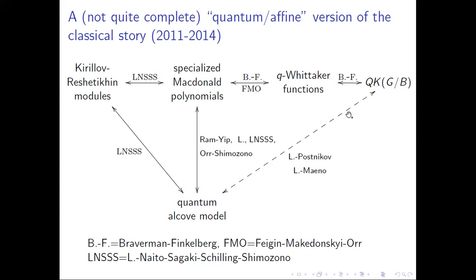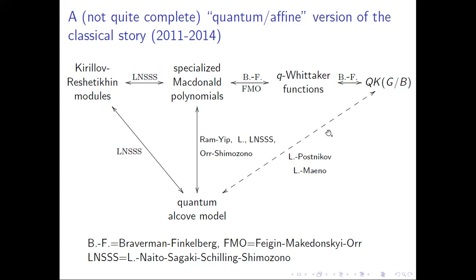And here there is a dotted arrow to the quantum alcove model because, first of all, we had a conjecture of myself with Postnikov and Maeno that the quantum alcove model also gives the Chevalley formula in quantum K-theory. And this was not proved at the time. It is proved now, and I will talk about that.